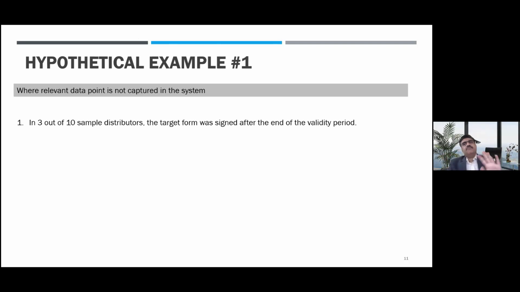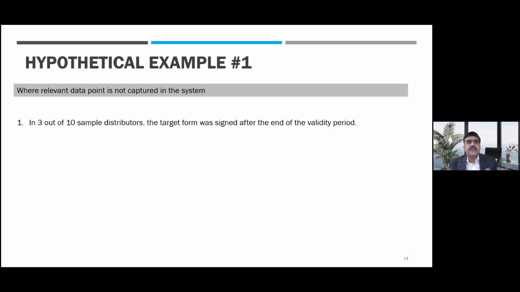So this was a simple example wherein, for 3 out of 10 sample distributors, the target form was not signed on time. Suppose the validity period was from 1st January to 31st of March. That was the target period.